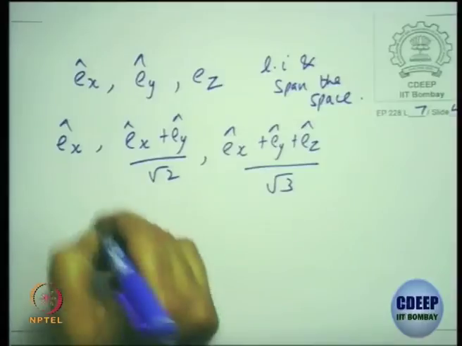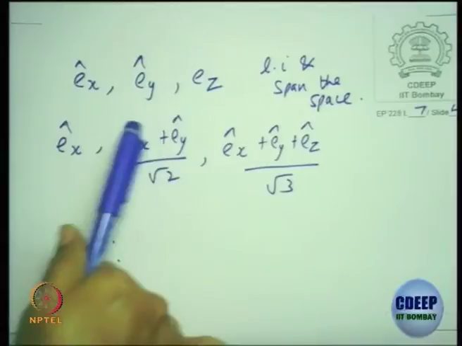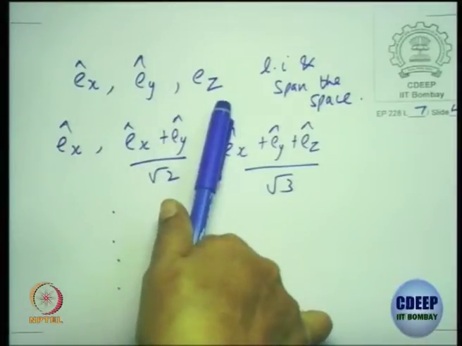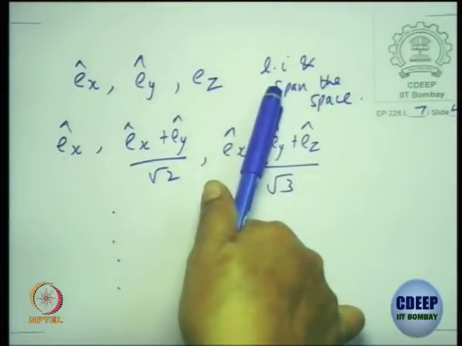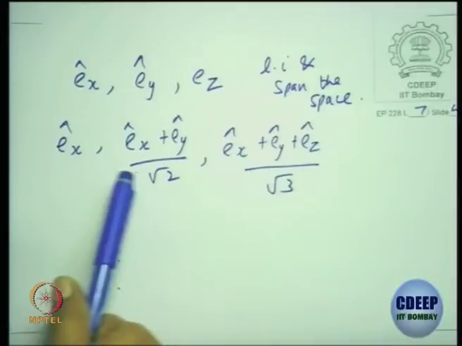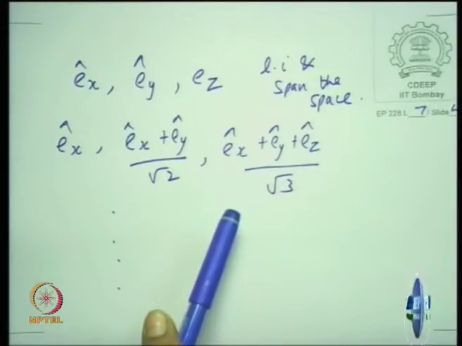So you can actually keep going. But you notice something in this. What is something which you notice? The number of states which are linearly independent and spanning the space is always the same, right?